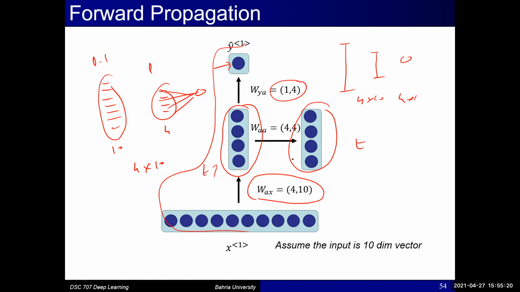If this was t minus 1, this is t. Here you have 4 neurons, and in the next time step, you again have 4 neurons. The size of the hidden layer is not changing. So on all of these horizontal arrows, if your hidden layer has 4 neurons, WAA will be 4 cross 4. If it has 40 neurons, WAA will be 40 cross 40.